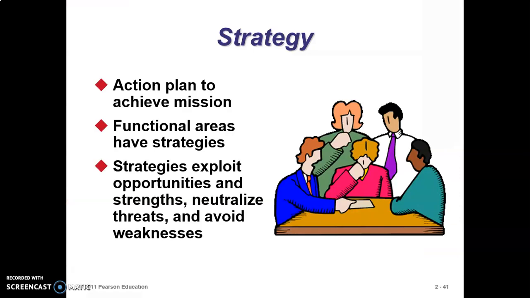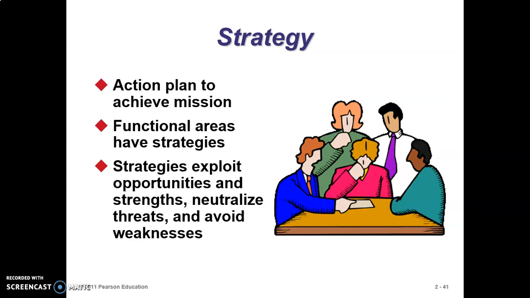Okay, let's take a look at strategies, whereby strategy is an action plan in order to achieve missions. And of course, to achieve missions, we need to have interrelations, or we need to work together with other functional areas. Functional area is the department.